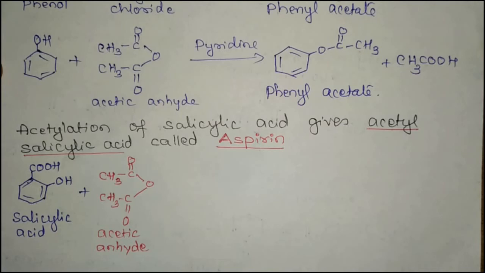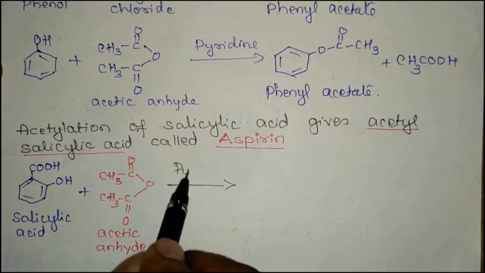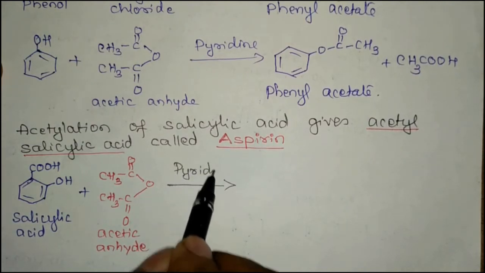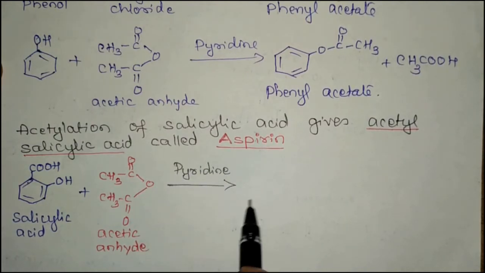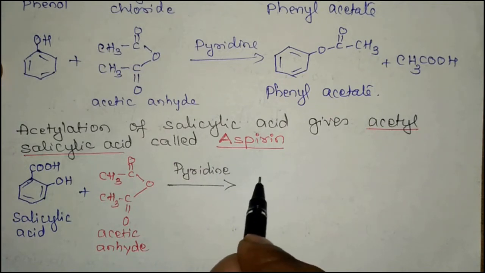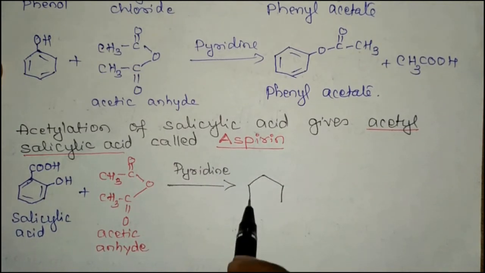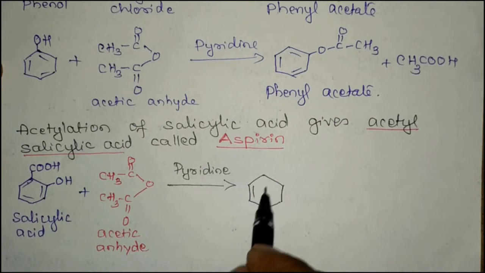Salicylic acid is treated with acetic anhydride in the presence of catalysts such as pyridine. In the presence of pyridine catalyst, you are going to get acetyl salicylic acid.